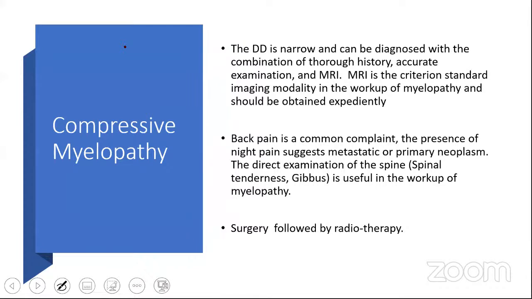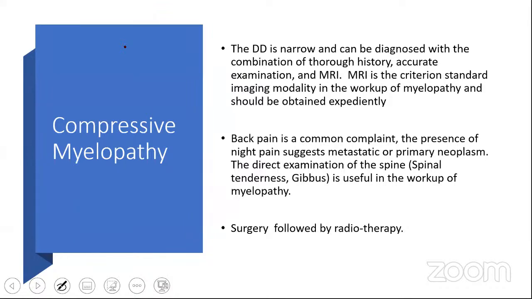And cervical disc prolapse, cervical canal stenosis with multiple disc prolapses also cause extradural compressions. Intradural extramedullary, there are mainly two causes, that is meningiomas and schwannomas, which will cause a picture like Brown-Sequard syndrome. And intramedullary, there are only two causes which you should remember: ependymomas and astrocytomas.